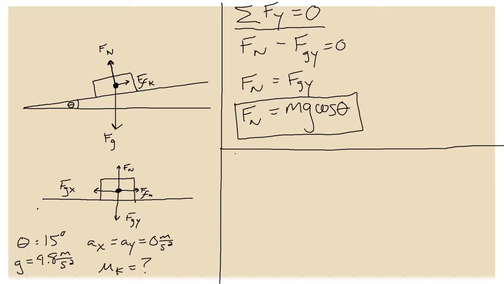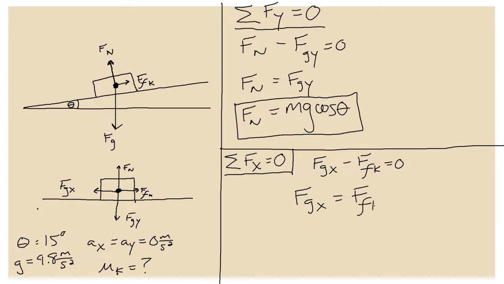In the x direction, we also have a pretty simple arrangement. The sum of the forces in the x direction is equal to 0. So we have the force going in the direction of motion, Fgx, minus the force going opposite the direction of motion, the force of kinetic friction, equal to 0. We can rearrange that and say Fgx is equal to the force of kinetic friction.